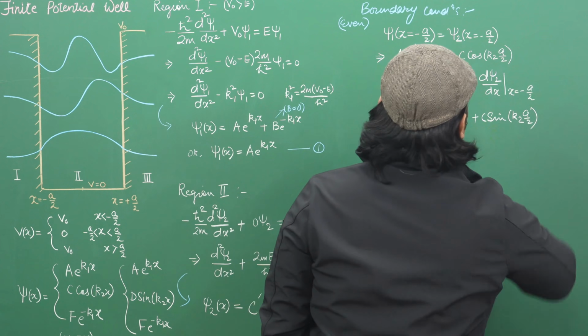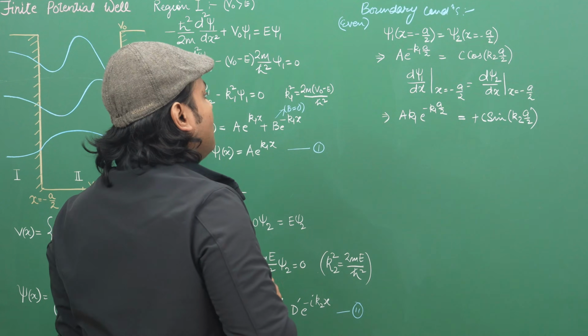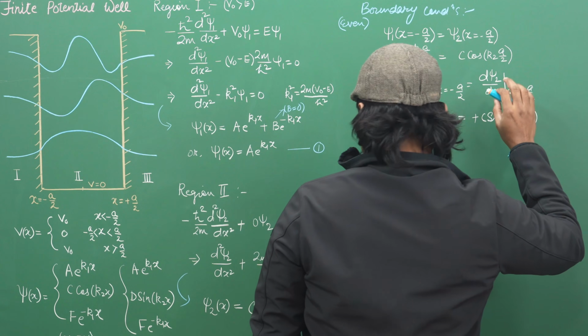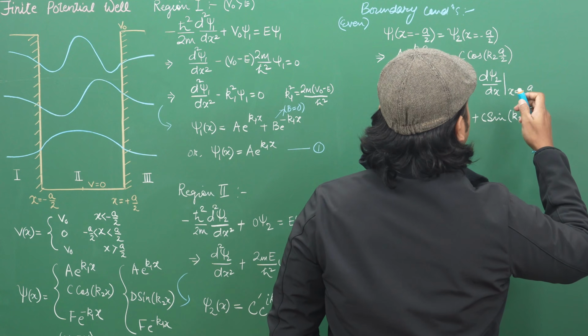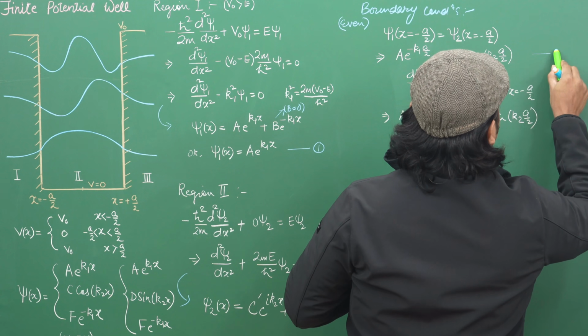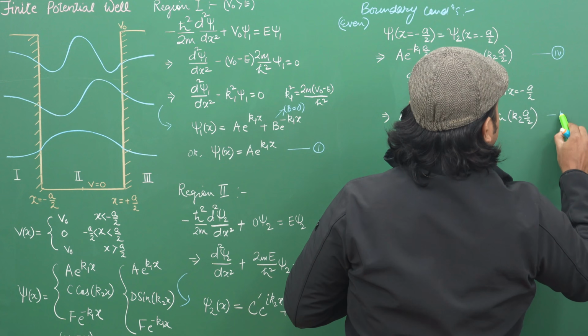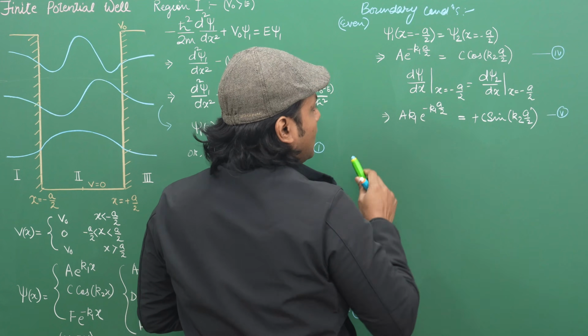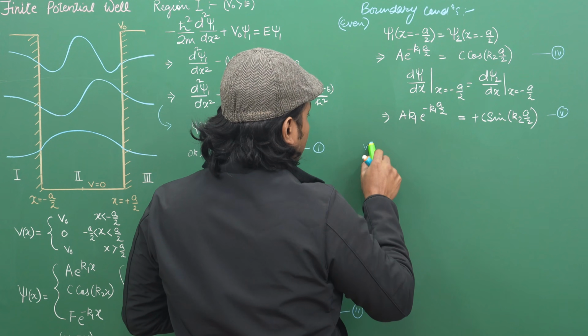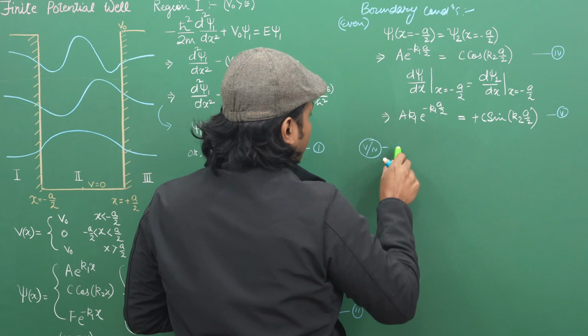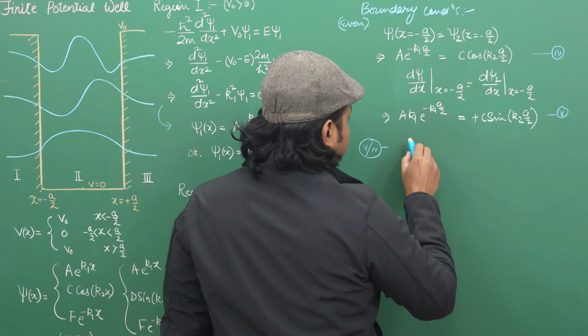So using these two equations, if I combine these two equations, let's suppose we had 1 to 3, and let's suppose this is 4 and this is 5. So I will divide 5 upon 4. Okay, if I do that, what should I get?